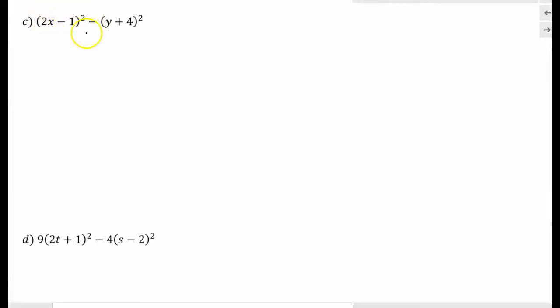So this is a perfect square. So I'm going to use square brackets around this. And I've got 2x minus 1 and 2x minus 1. My square root over here is y plus 4.